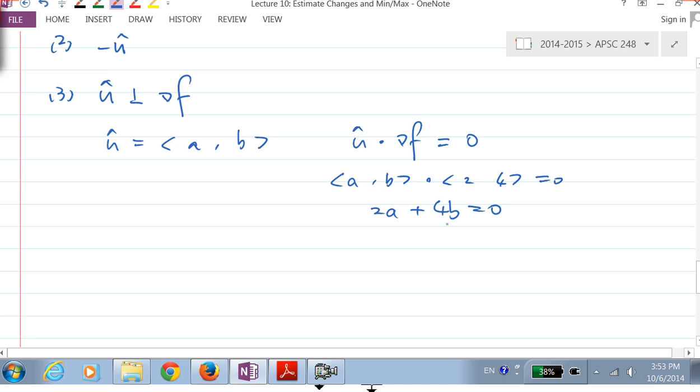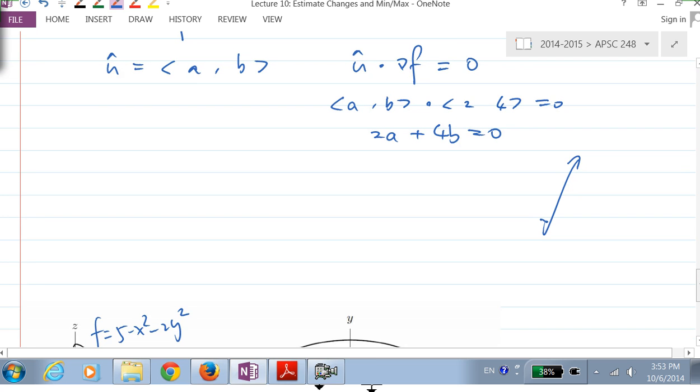Hypothetically, you have a del f here, and you need a u hat perpendicular to del f. This is a function of two variables, so del f must be in the xy plane. So you need a u hat perpendicular to del f. How many solutions would you have?